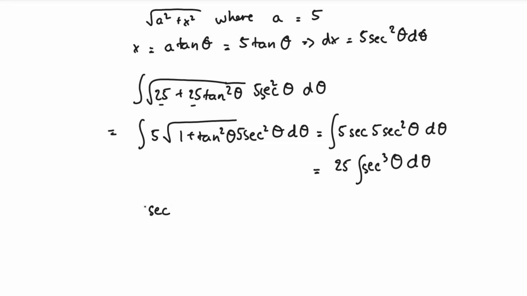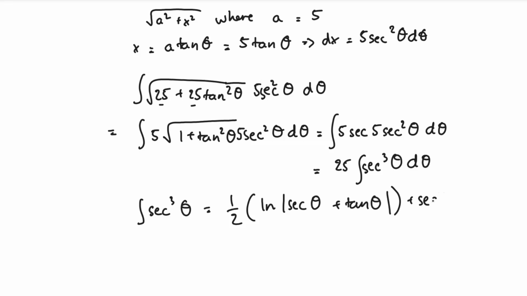The integral of secant cubed theta equals 1/2 times the natural log of secant theta plus tangent theta, plus secant theta times tangent theta, where secant times tangent is inside the parentheses.